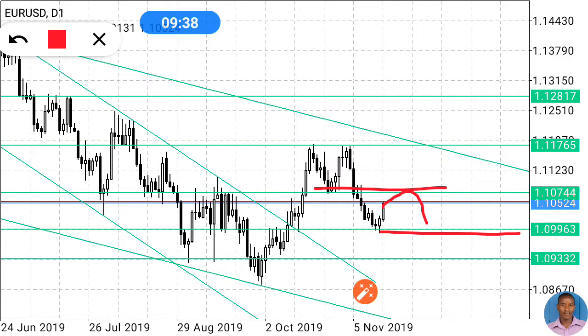And if it breaks this horizontal line, it may continue down to the following horizontal line. And if it closes below this horizontal line following a retest, then the price would continue down and down and down.